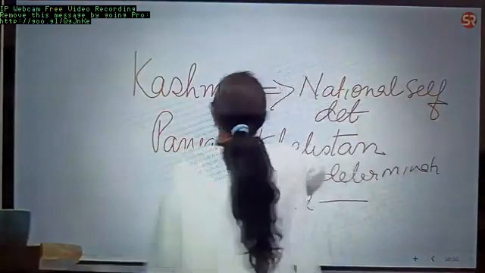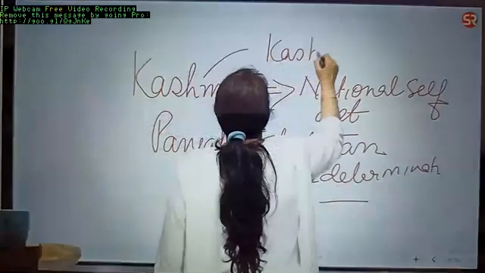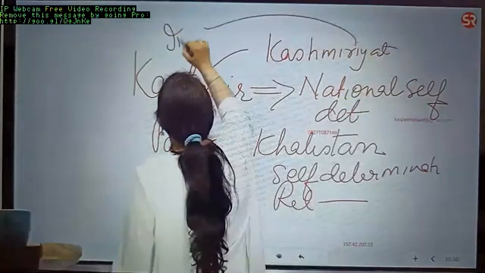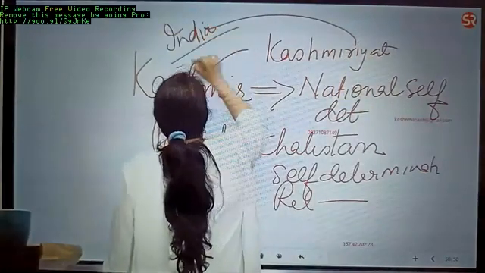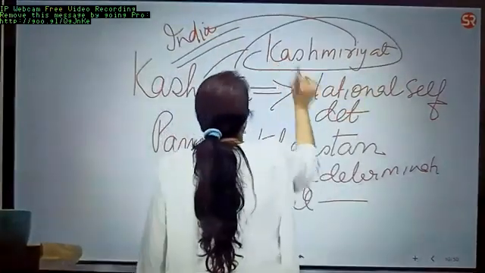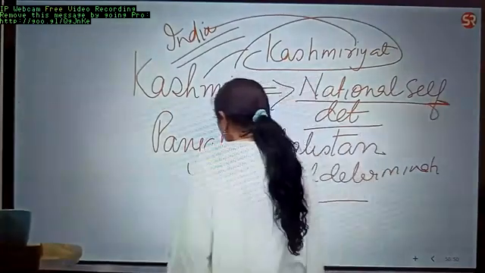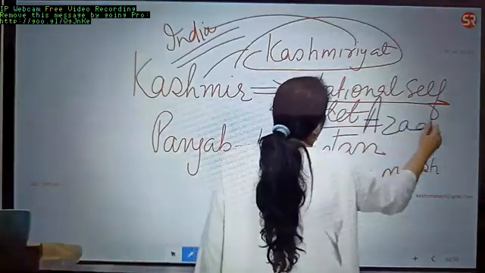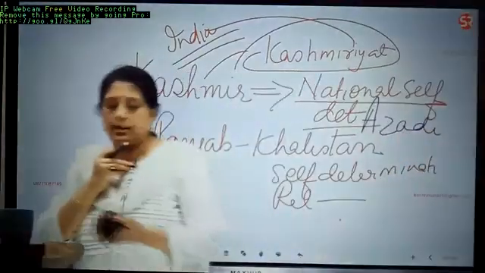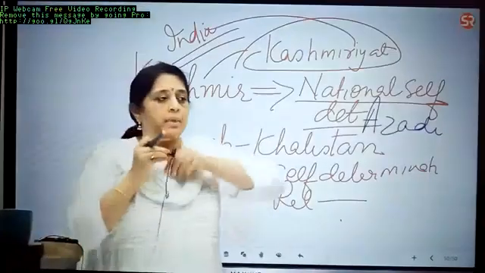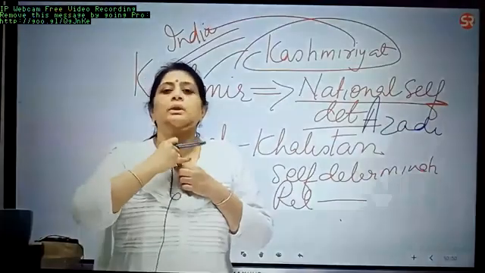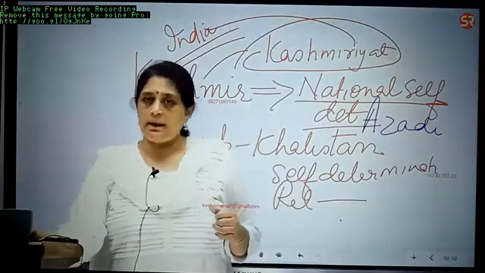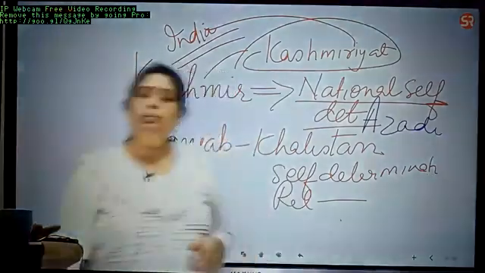They emphasize on the identity of Kashmiriyat, separate from identity of India. And one of the bases for the national self-determination movement, or so-called the Azadi movement. And the more they establish themselves different from the Indian identity, that can be one of the bases to grant the statehood. Okay, so I hope you have understood this.